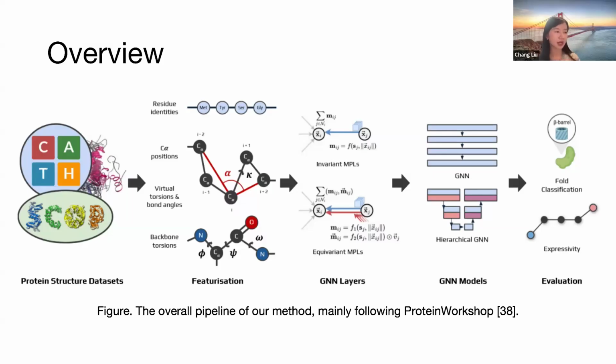After processing and representing the protein structure using GNN layers, we would attach an output head, which is not shown on the slide, but is usually an MLP decoder, which would convert the graph embedding learned by the GNN models to a target output, like a target fold classification number, or the number hinting the expressivity of the input protein structure or the graph neural networks.